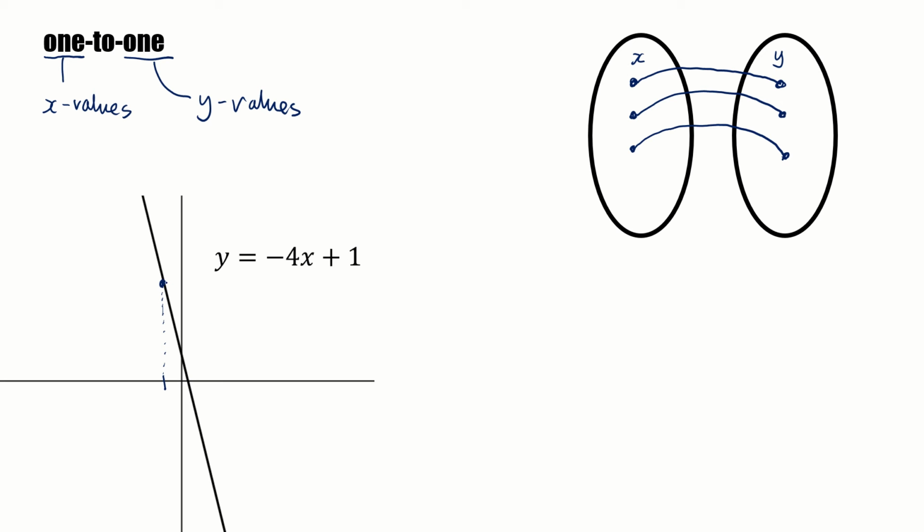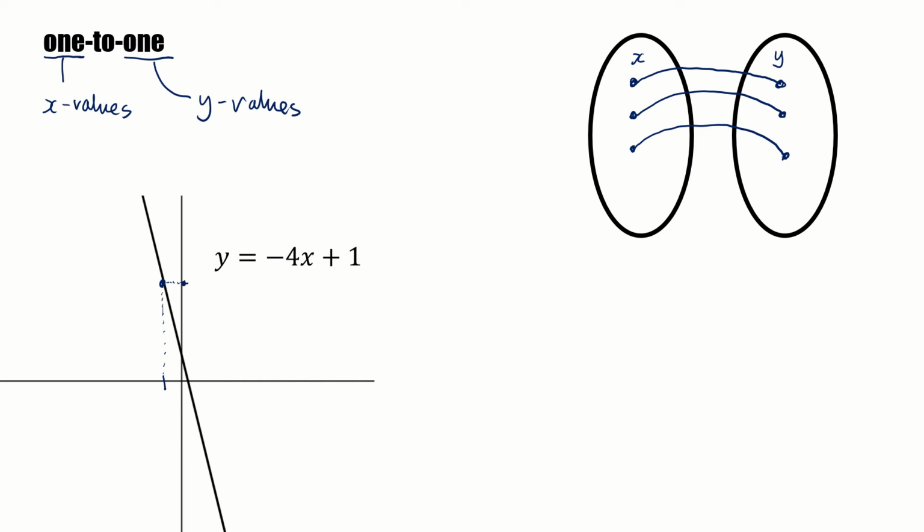And also there's only one place on that line with that y value. So the x values and y values are unique for all the points on a function that has a one-to-one mapping.